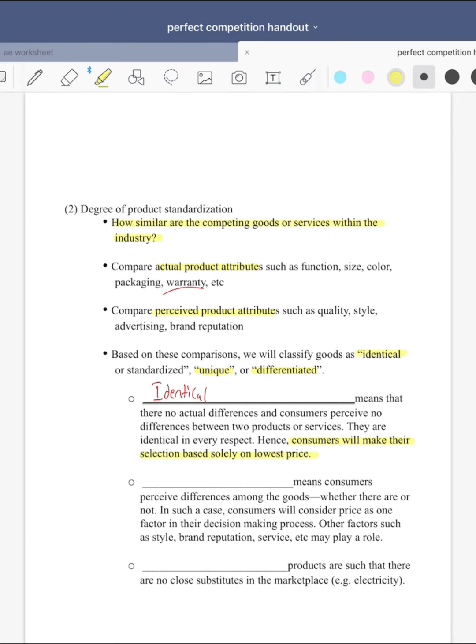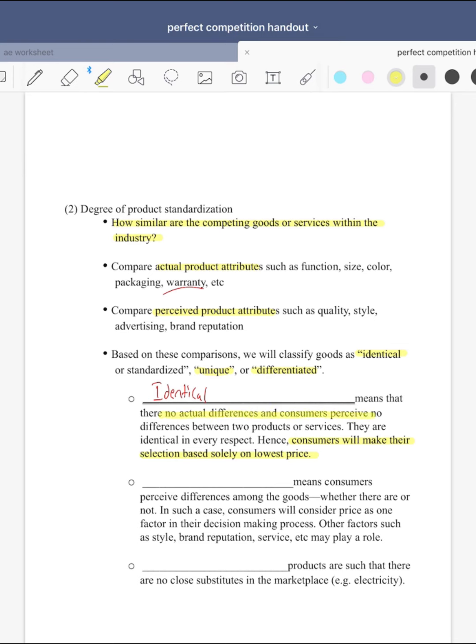Whenever consumers view all products as identical, they're going to make their decision based solely on the lowest price. You can probably think of some goods that you consider to be identical. For me, if you're going to go buy milk, you can view all 2% milk as the exact same.